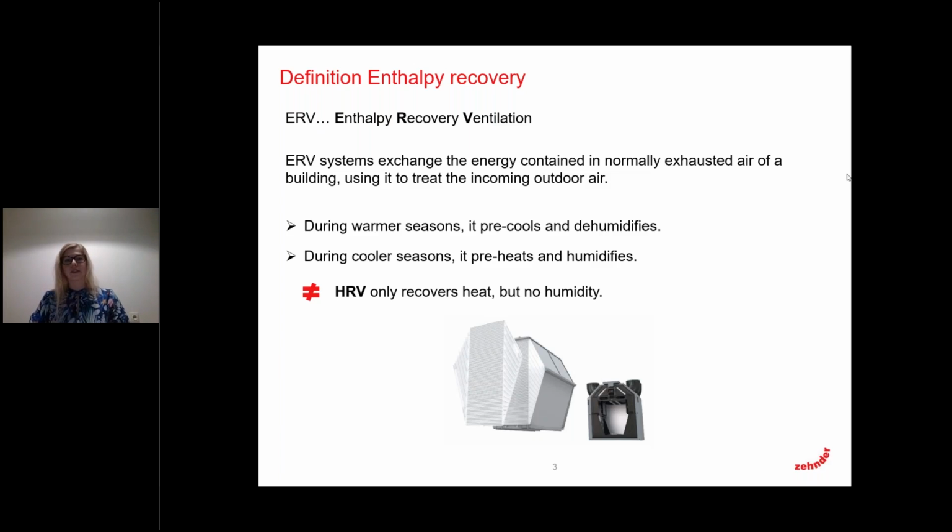Then during the warmer season, the enthalpy recovery system helps to pre-cool the air that is entering the house, and it dehumidifies it. This is only functioning when the bypass is not activated, and therefore the air goes through the heat exchanger.